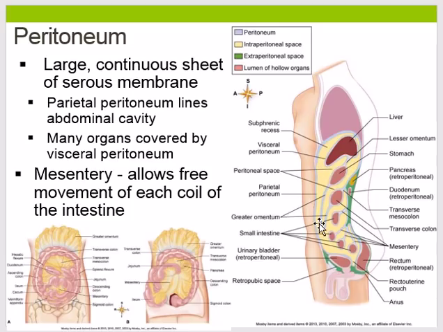And this is all continuous in some way or another with each other. The mesentery, speaking generally, is a fold of tissue that attaches organs to a body wall. So it attaches to the body wall, but it also allows for free movement throughout each coil of our intestinal tract.